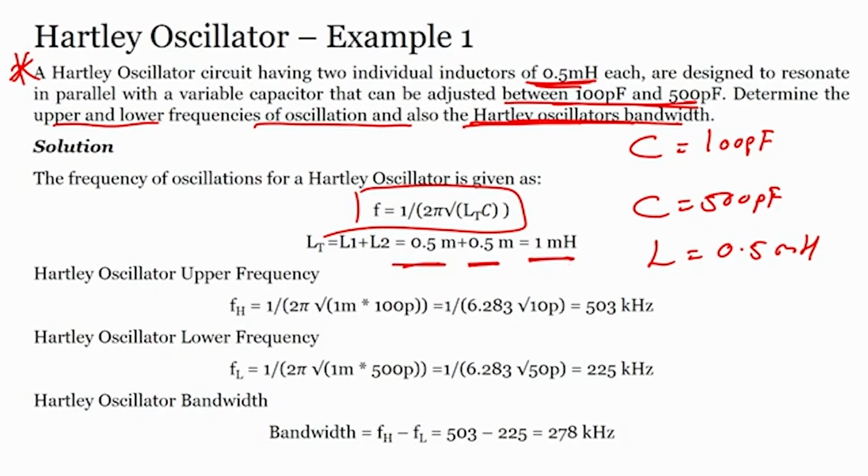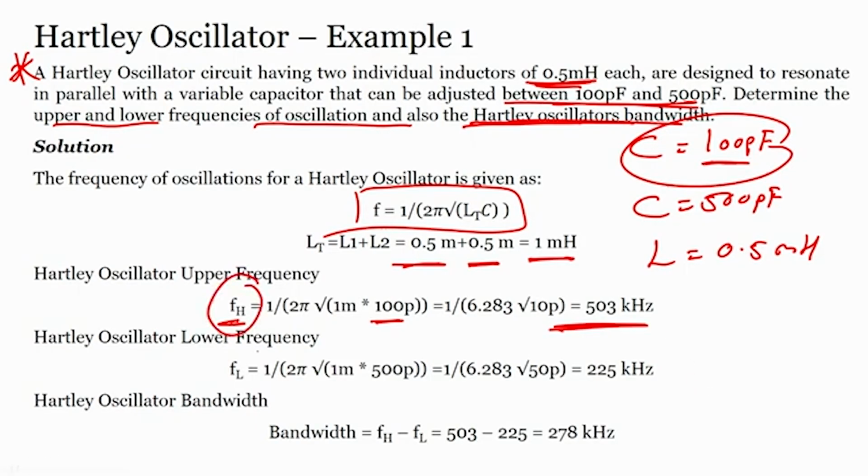Now we have to consider the capacitor C. For 100 picofarad, I have Fh equals 503 kilohertz. We have seen this example previously also: we use the capacitor of lower value to measure the upper frequency.